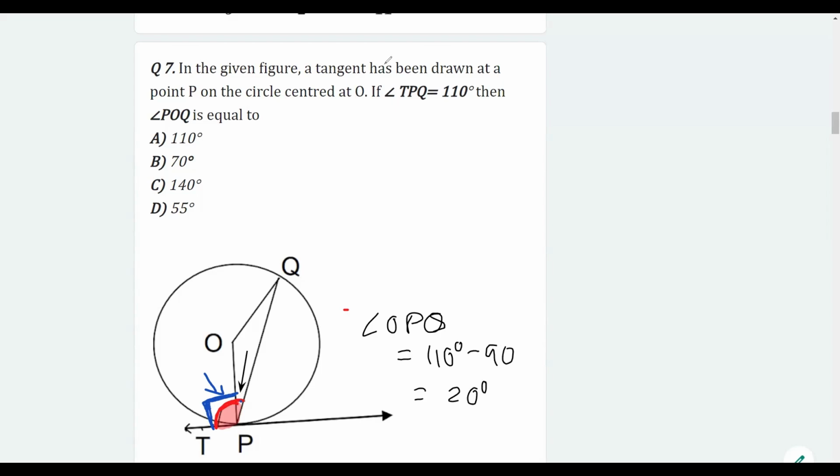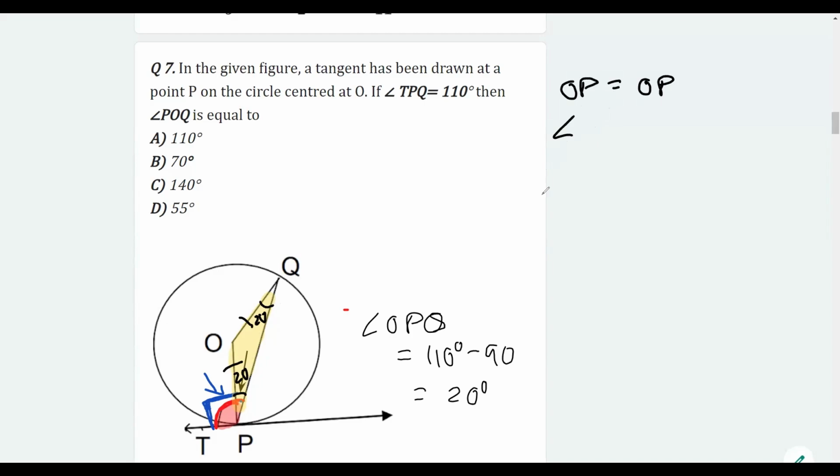Now check this triangle. In this triangle, the radii are equal, so OP is equal to OQ. Therefore, their opposite angles should also be equal. So these two angles will be 20 each.